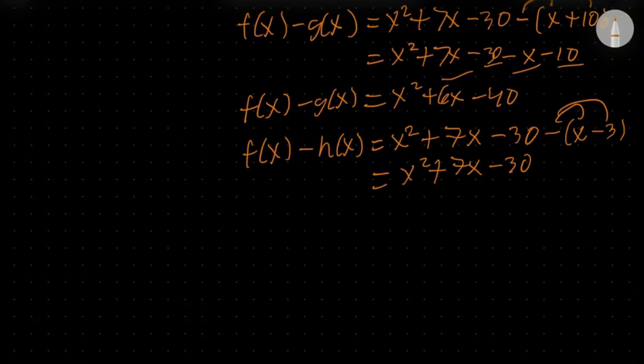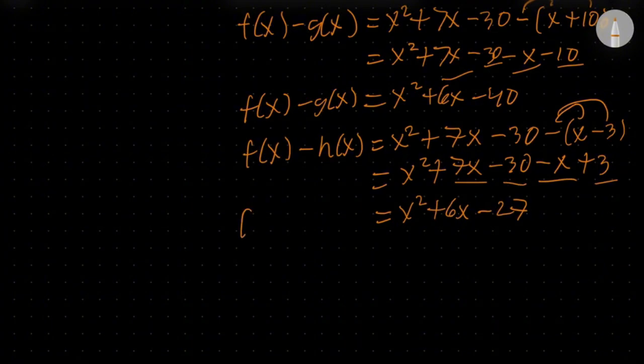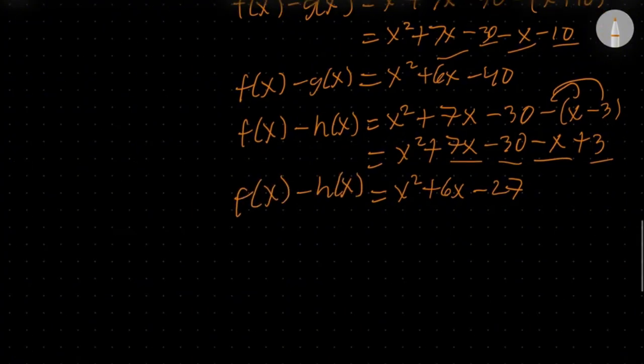X times negative is negative x, and negative times negative 3 is positive 3. We're gonna add up like terms. 7x minus x is 6x. Negative 30 plus 3 is negative 27. And that is f of x minus h of x.